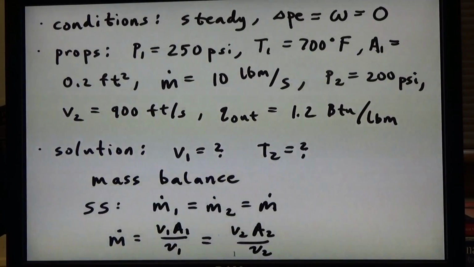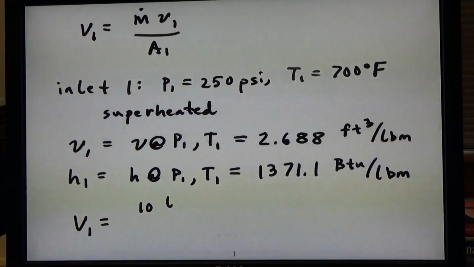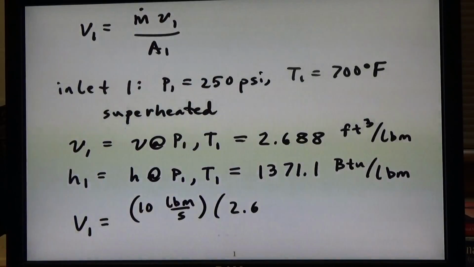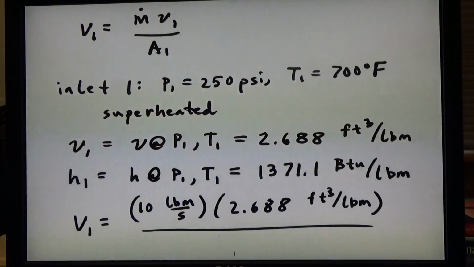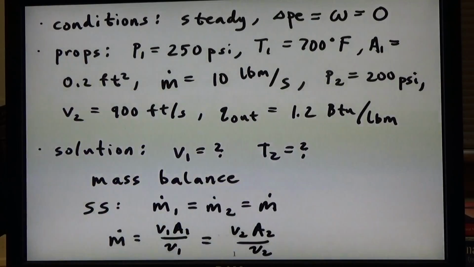That was 10 pound mass per second, times specific volume, which we just looked up as 2.688 feet cubed per pound mass. Divide that by the inlet area. Our inlet area was 0.2 feet squared.